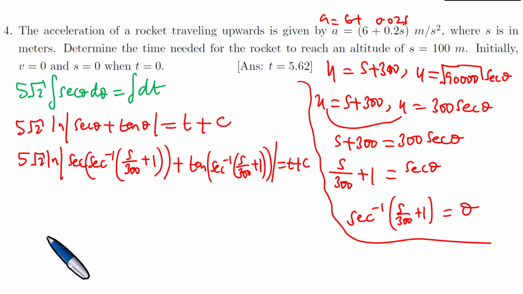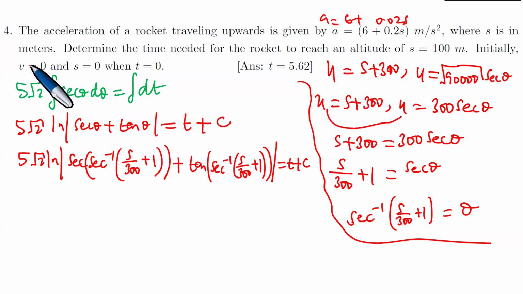Okay, so now we got the answer up here, but we are not quite there yet, because we need to use some of these constants. We first need to get the value of c.